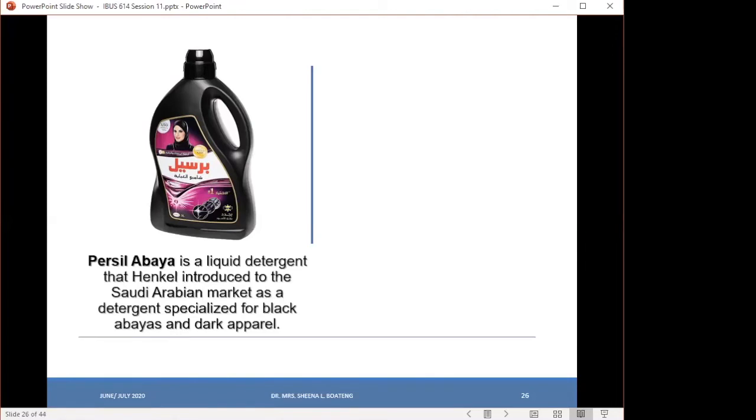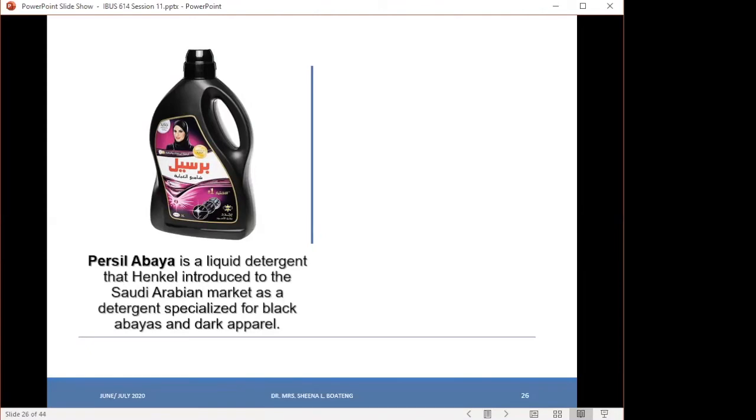So they specifically designed and packaged this Persil such that anyone who sees it in that market knows that it is designed specifically for them. So they named it Persil Abaya to point towards the fact that it is specifically designed for washing the abaya. And we can see from the packaging that they have a picture of a woman wearing the abaya. And the name Persil Abaya is written in, is it Arabic? I think so, yes, on the package.